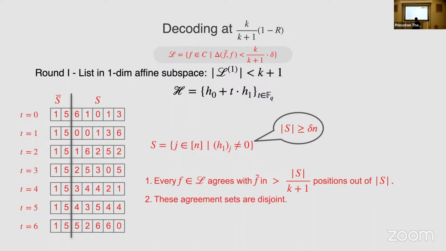And secondly, these agreement sets are all disjoint because if a list element, let's say, agrees here, it cannot agree anywhere else here. That's the point of writing out these columns, that these are all different. So every agreement set is covering 1 over k plus 1 fraction, and they are all disjoint. So the best we can do is k plus 1 total number of agreement sets.